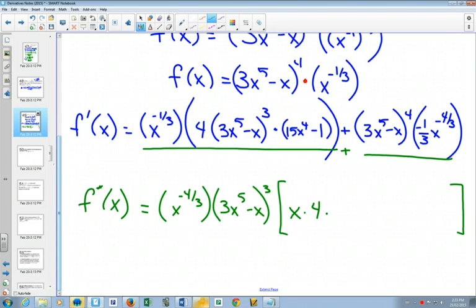And then if I took out a 3x to the 5 minus x to the 3, this would all be gone, but I'd still have the 15x to the 4 minus 1. That's what would be left from the first term. Plus, in the second term, there would still be a 3x to the 5 minus x, and there would still be a negative 1/3.